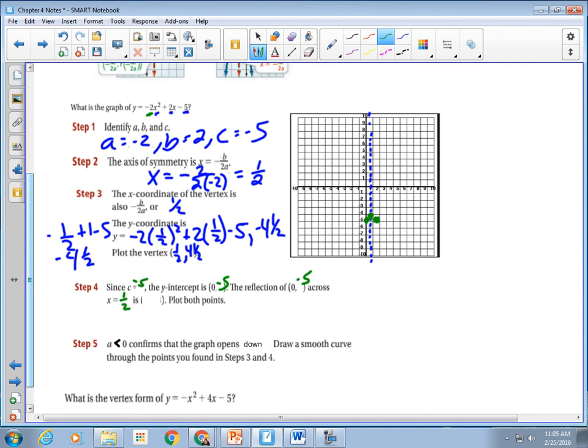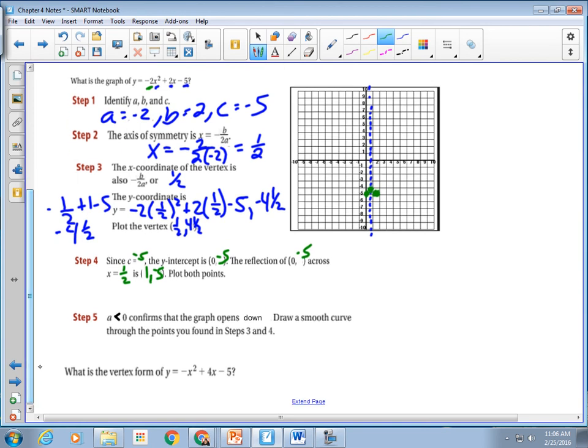Sorry, my circles are not circling. So it is at 1, negative 5, just reflected. And we plotted both points. Since a is less than 0, the graph opens down. Draw a smooth curve through these points. And then we're done.